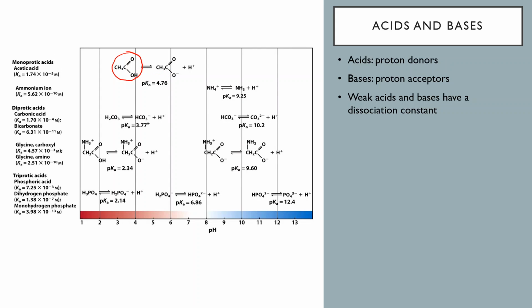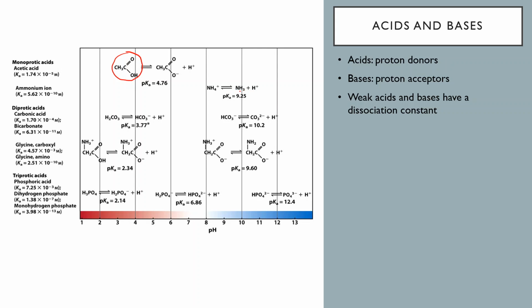When we have a weak acid like this and it dissociates in water, the negatively charged ion that forms we call the conjugate base, and the original acid we call the conjugate acid. A weak base, like ammonia, NH3, sorry, ammonium is the NH4 plus molecule, which dissociates into NH3 and H plus.